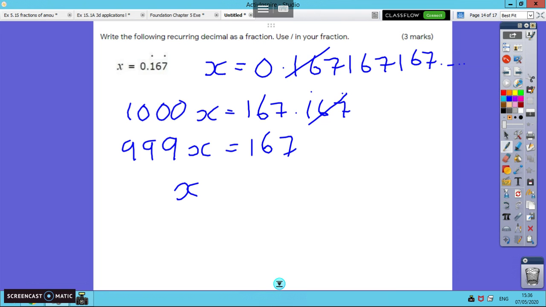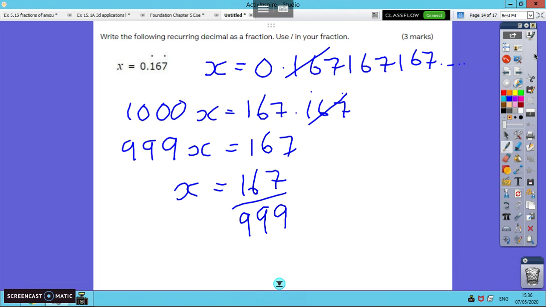And so all you have to do is 167 divided by 999. If you tried a few things, do they both divide by 3? No. Do they divide by 4? No, because they're both odd, etc. You'll see that they don't divide into each other, and they just have to stay like that. Okay, and that's it. That's as simple as you're going to get.